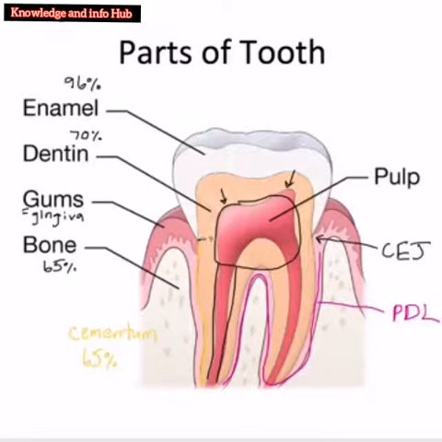If I draw a dotted line that symbolizes the CEJ, the junction between the cementum and the enamel, anything above the CEJ is referred to as the anatomic crown of the tooth, whereas anything below the CEJ is referred to as the anatomic root.